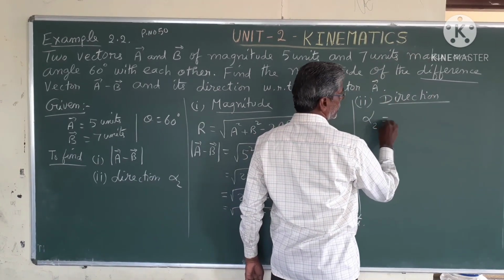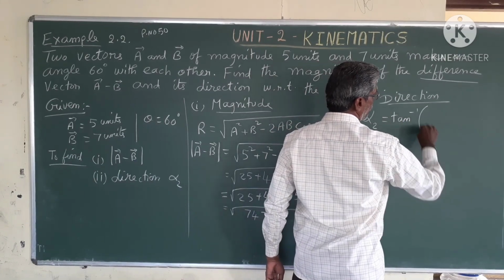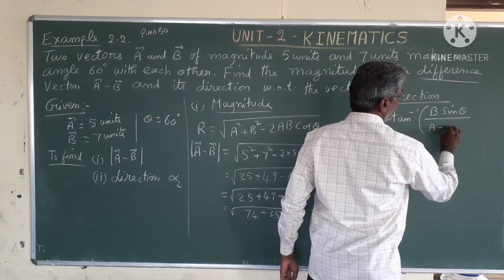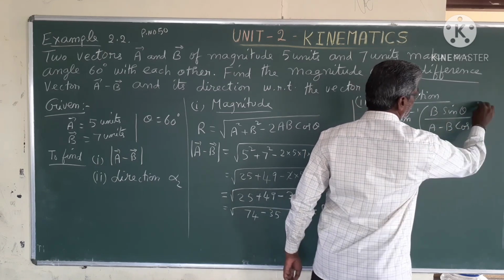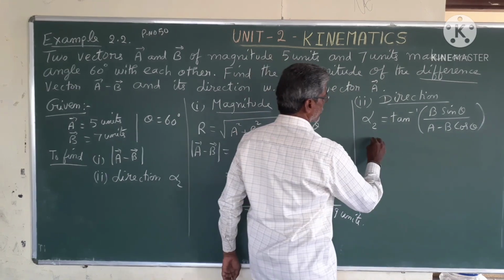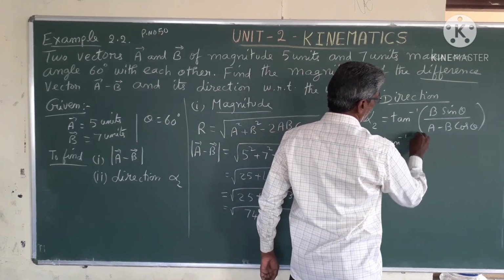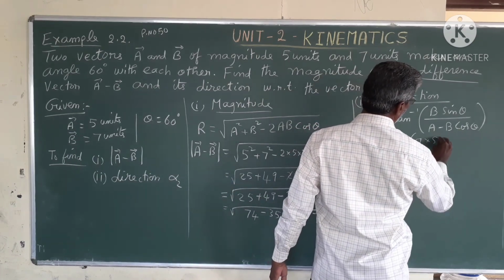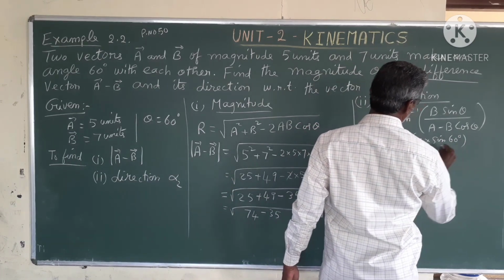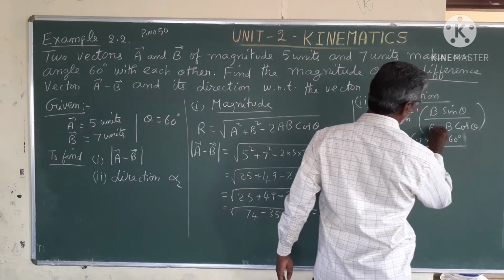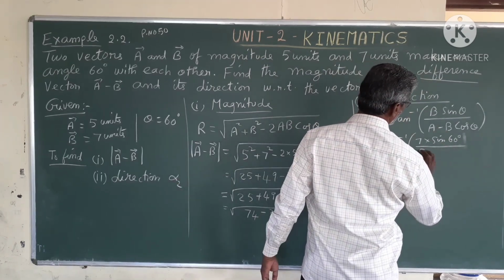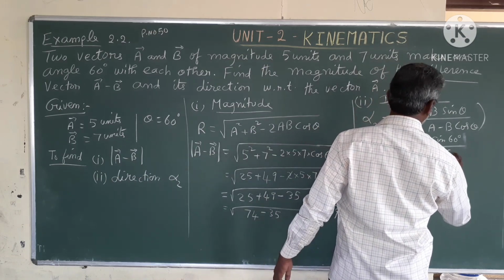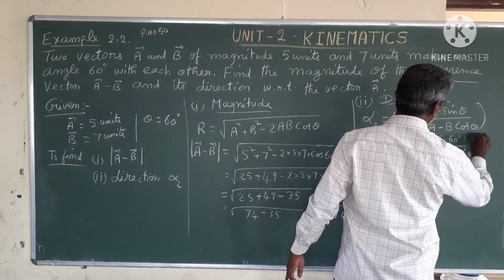Now we will go for direction. Alpha 2 is equal to tan inverse of B sin theta by A minus B cos theta is the formula. So tan inverse of, what is value of B? 7 into sin 60 degree divided by A value 5 minus B value 7 cos 60 degree.